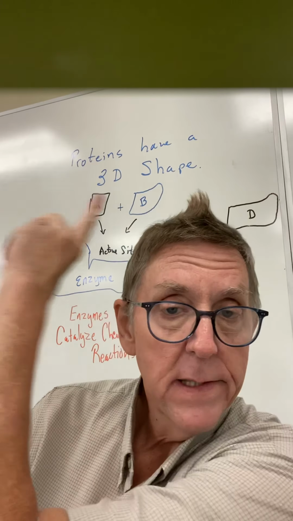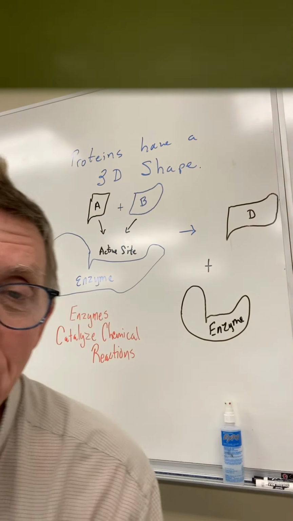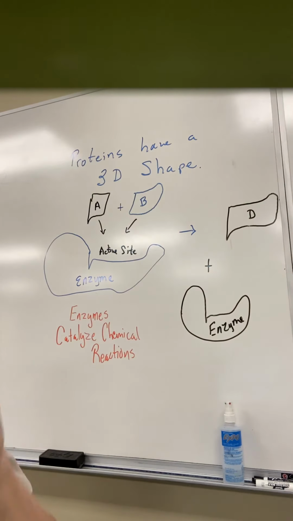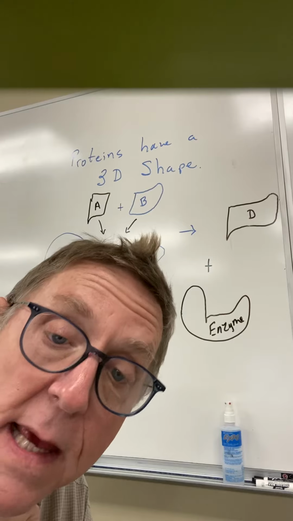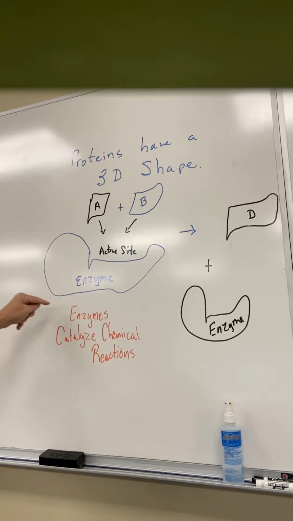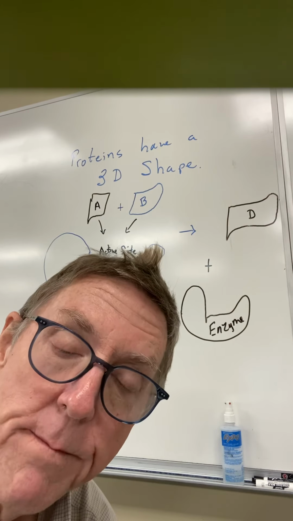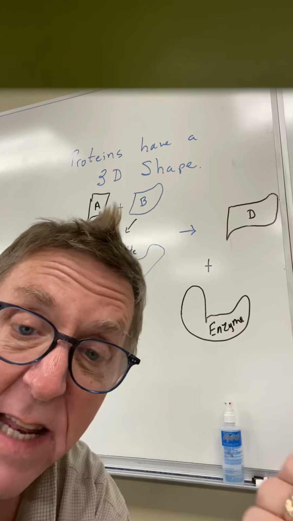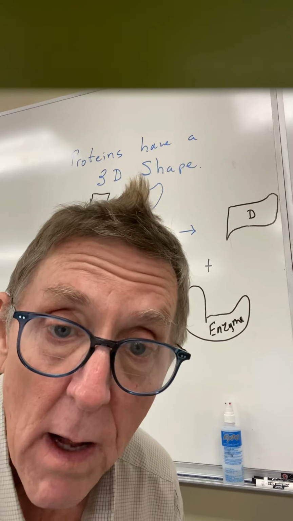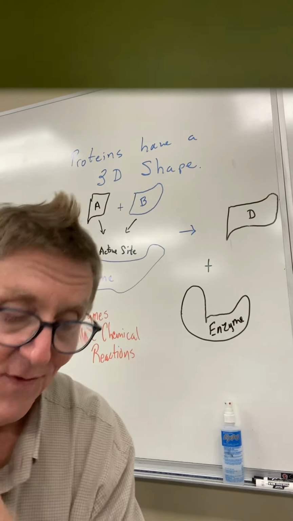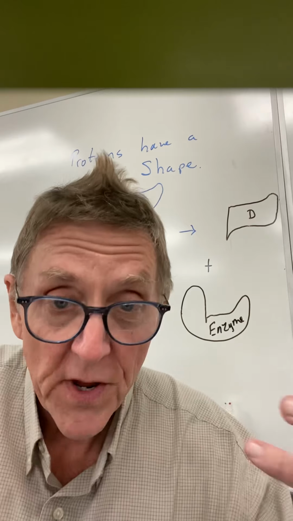Well, it's what I wrote on the board up there: proteins have a three-dimensional shape, and more importantly, some proteins are enzymes, and more importantly, enzymes catalyze chemical reactions. What does that mean? It makes them happen, like adding heat. It has the same effect as adding heat, but you don't need the Bunsen burner underneath your backside to have the chemical reaction.